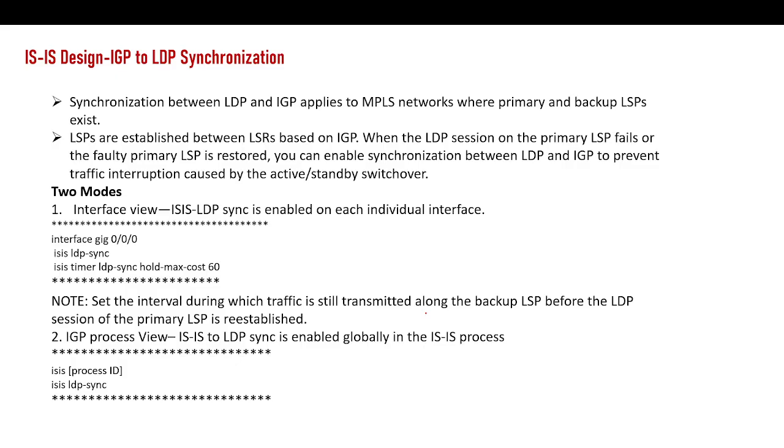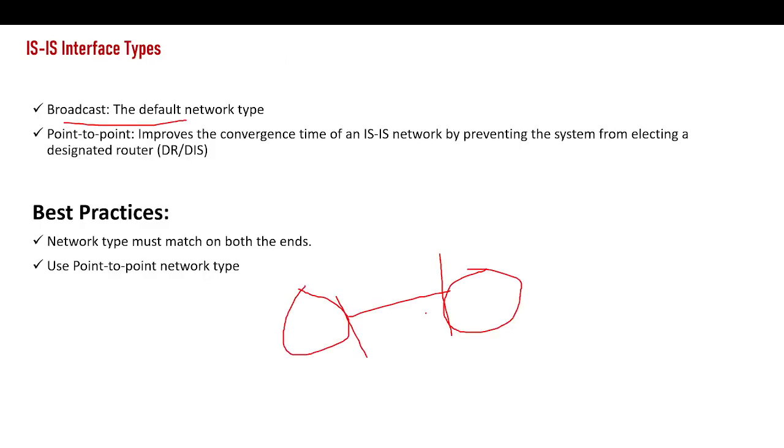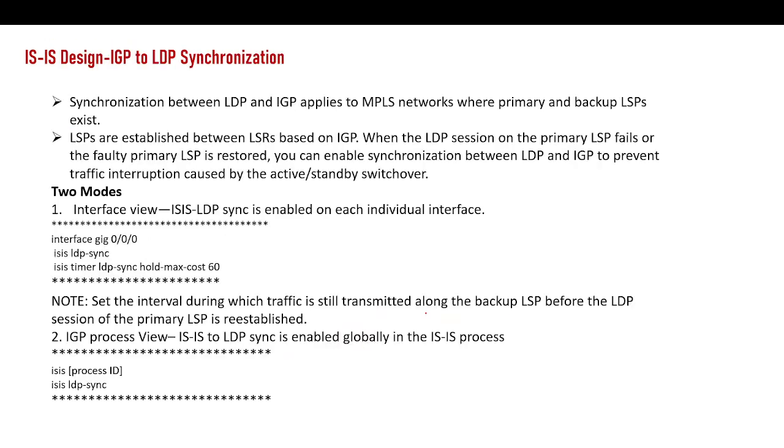We have two modes: you can configure it in the interface view, or you can do it within the process. It is a very important feature that you cannot avoid in your implementation, especially when you have LDP and MPLS in your network. It will help you to avoid the downtimes.